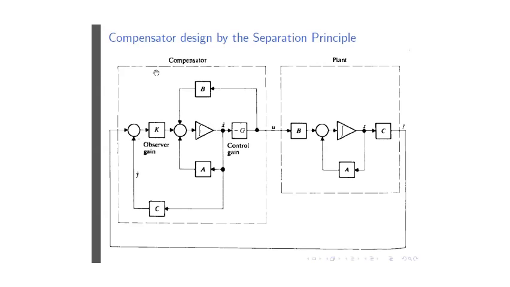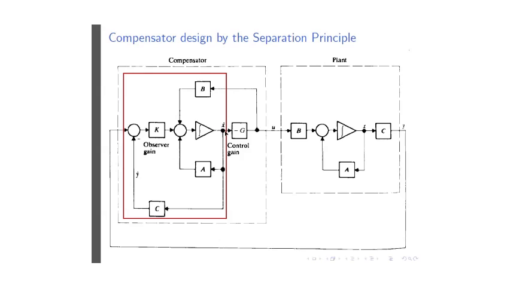Now the observer, I'd like to draw a red rectangle around the observer here. That is the observer. Remember, we said from the beginning, the observer takes two inputs. It takes as an input the output of the plant, but it also takes the input to the plant as an input.